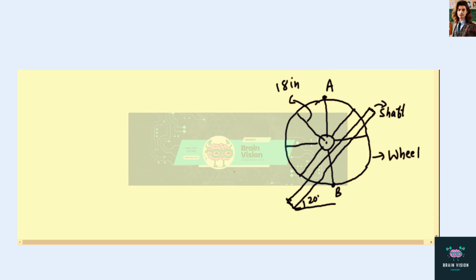Hello everyone, here it is given an 18-inch radius flywheel. So the radius of the flywheel is 18 inch. It is rigidly attached to a 1.5-inch radius shaft. So the radius of the shaft is 1.5 inch.